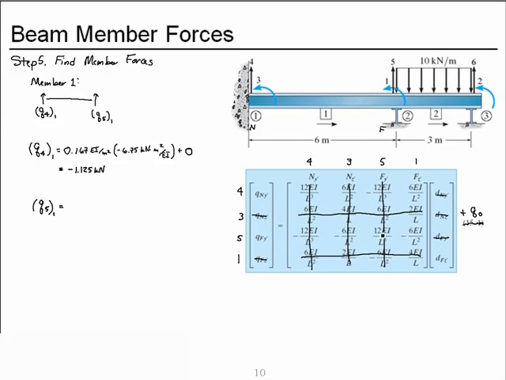We didn't need any of these coefficients because each of those deformations were 0, so we need this coefficient, which is just minus the 0.167 EI over meter squared, times this deformation, minus 6.75 kilonewton meter squared over EI, plus our fixed end force for this member, which we found was 0.